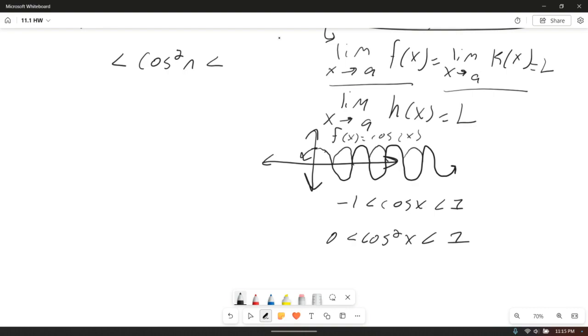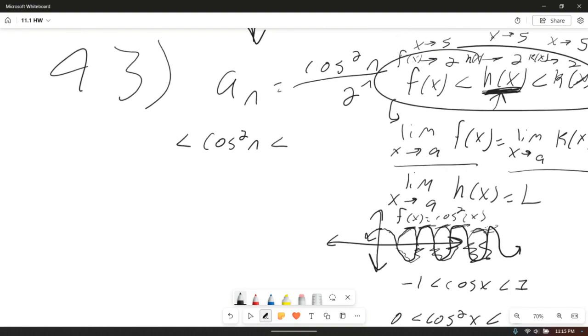So all the negative values turn positive when you square cosine. And for like 1/2, you get 1/4 or whatever. But these are all fractions. They're not going to go above 1. And 1 is still 1. So a cosine squared function is always going to be in between 0 and 1.